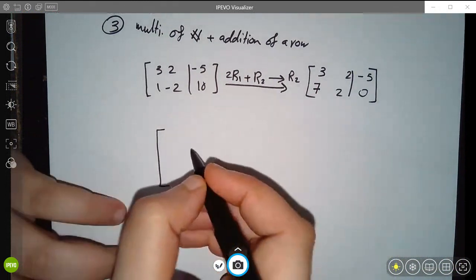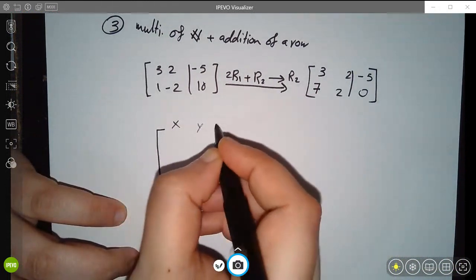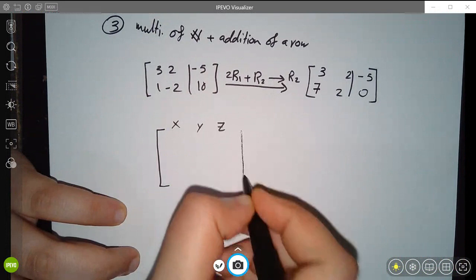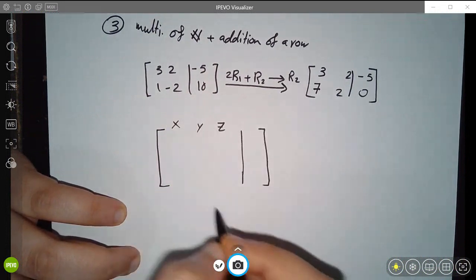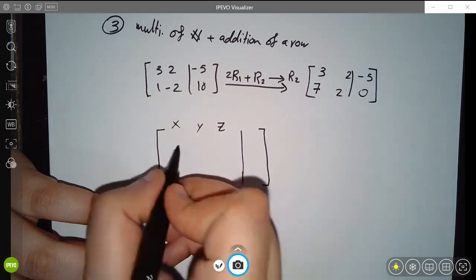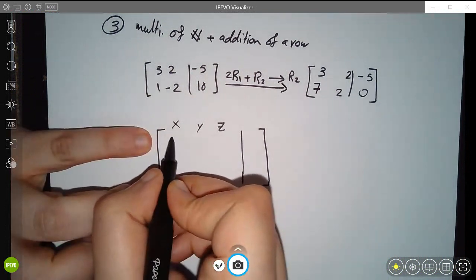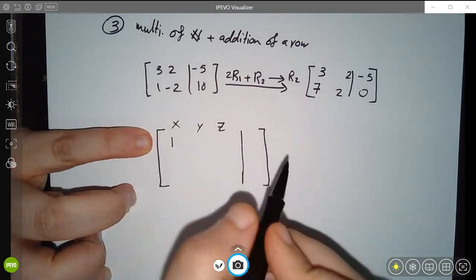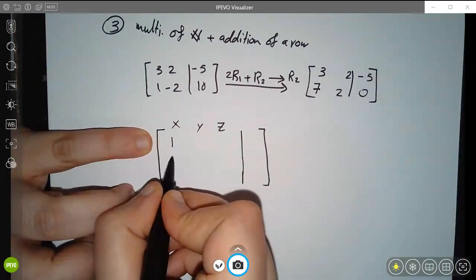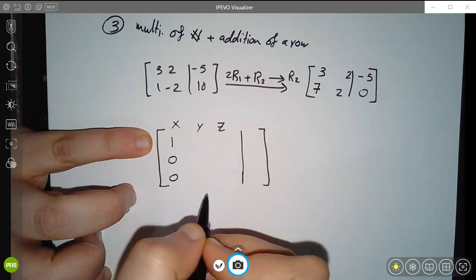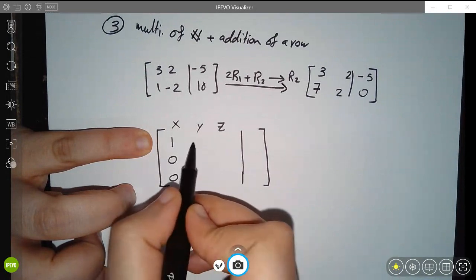And when you're solving it, say you have x, y, and z in your matrix. You have 3 variables and 3 equations as a result, right? This is the simplest result you want to get to.